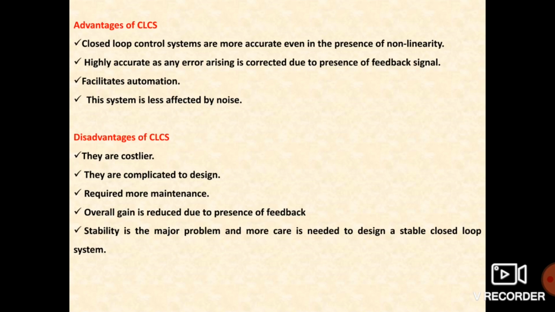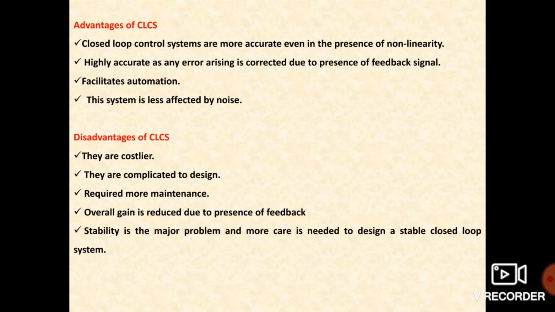So closed loop control systems are more accurate, because they correct the variation in output, so we get more accurate results even in the presence of non-linearity. Non-linearity means if there is some noise or even no proper usage of the system, we may still get an accurate result.